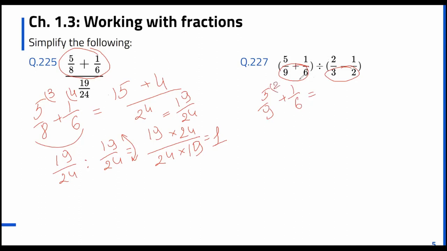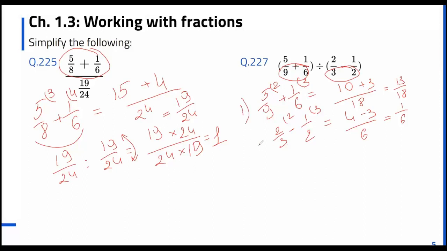So here we have 2, here we have 3. 10 plus 3 over 18. 13/18. For the second part, 2/3 minus 1/2. Okay, here is 2 and 3. So 4 minus 3 divided by 6. We have 1/6.